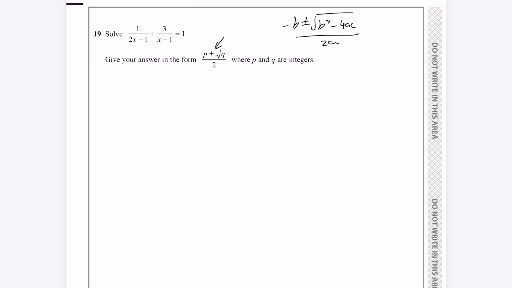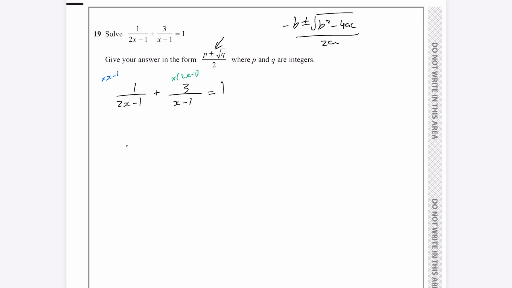So let's start with making the denominators the same. So we have 1 over 2x minus 1 plus 3 over x minus 1 is equal to 1. So I can times the top and bottom on the left by x minus 1. And I can times the top and bottom on the right by 2x minus 1.